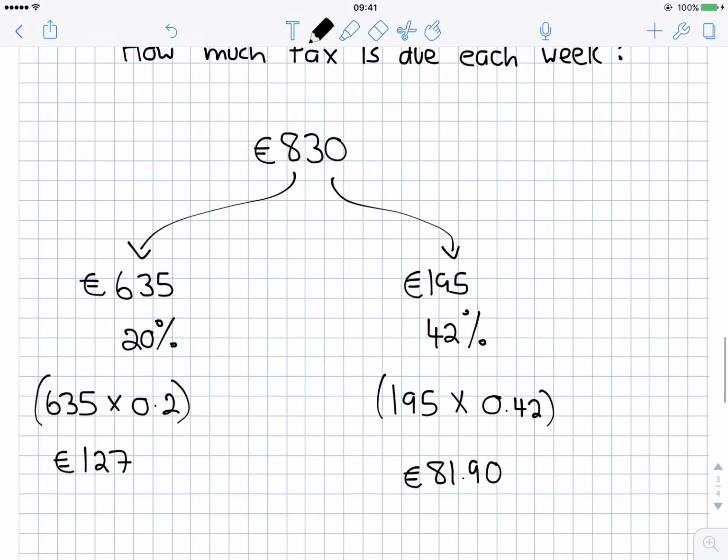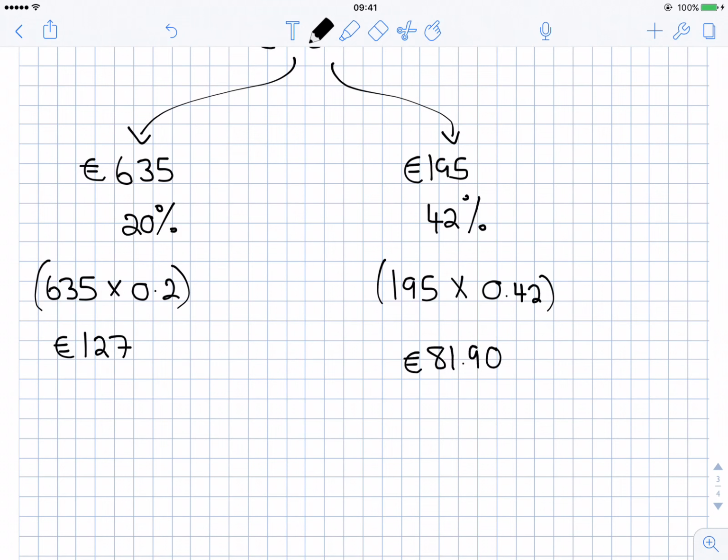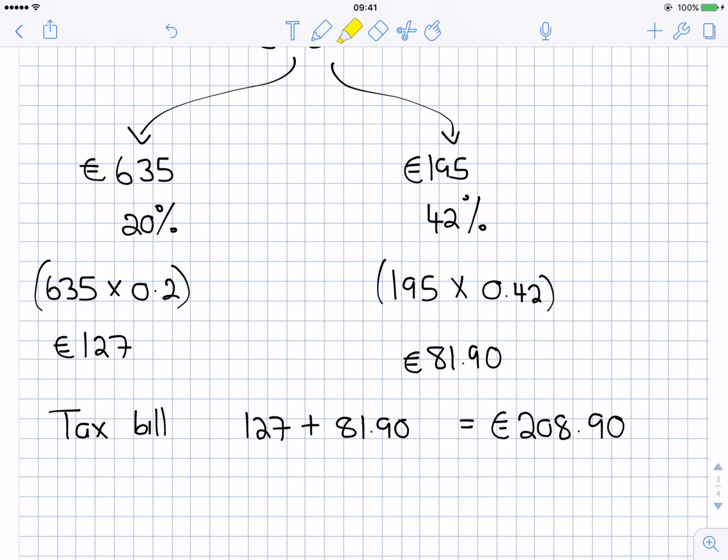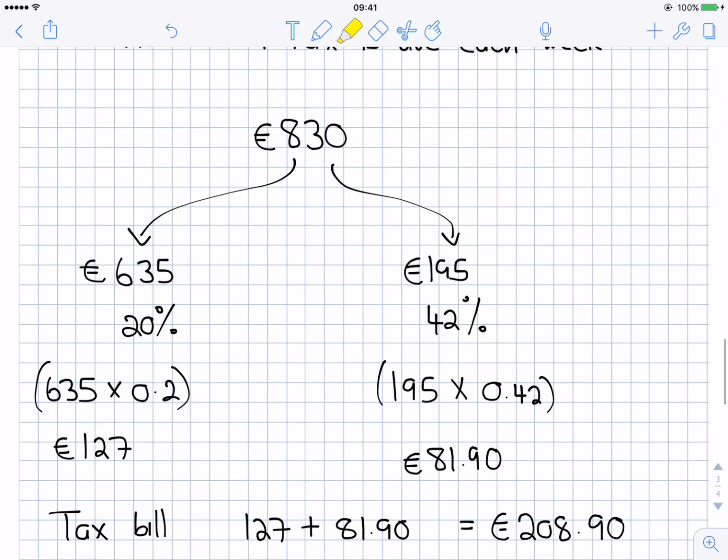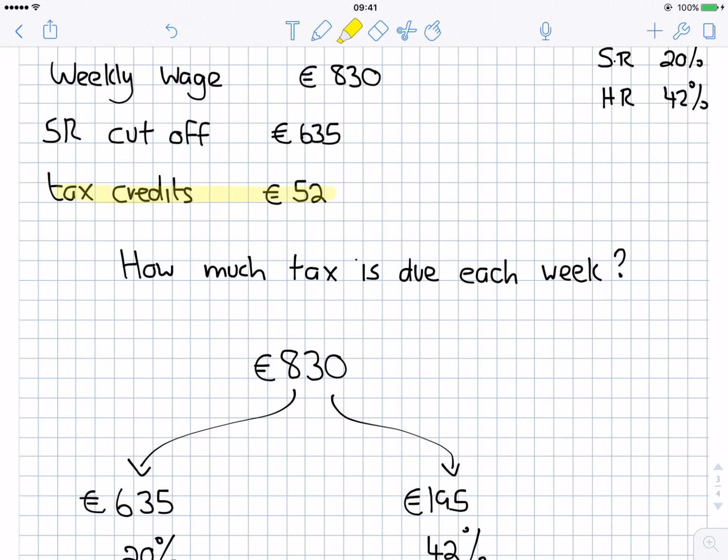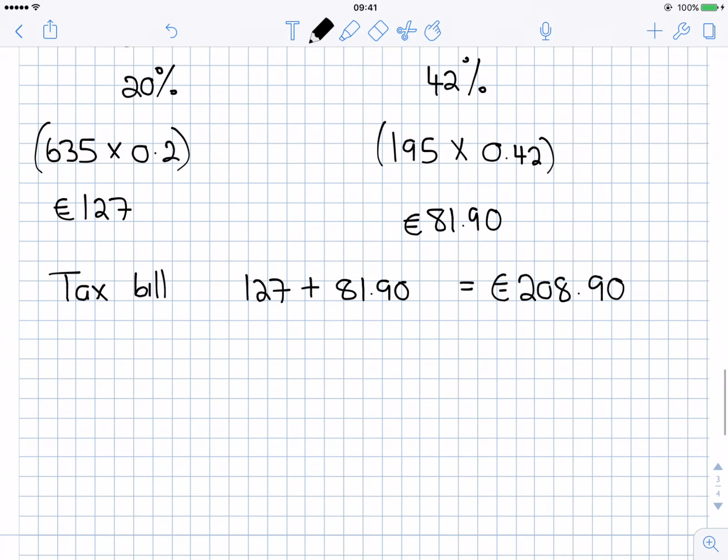Which means his tax bill comes to €208.90. So that's how much tax he has to pay. But remember, his tax credits were €52. So it's as if he has already paid €52.